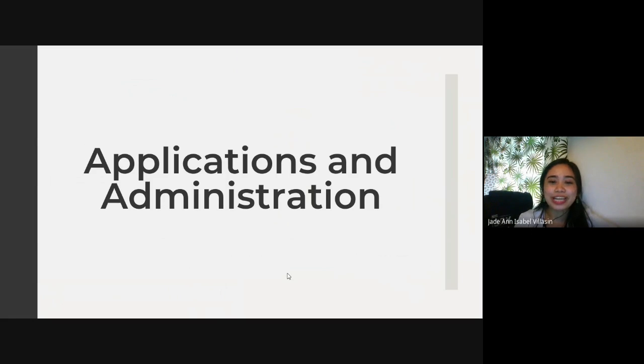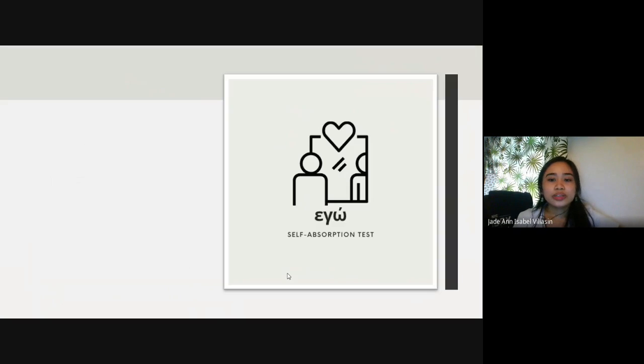Now moving on, we will now talk about applications and administration. So what is the use of the self-absorption test? Well, first we have identification and assessment. This could be used by professionals in identifying and assessing an individual who might be potentially showing signs of self-absorption, or just generally wanted to have an assessment regarding their state of self-absorption level.